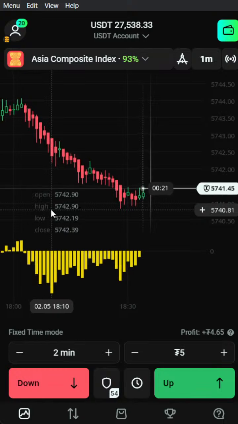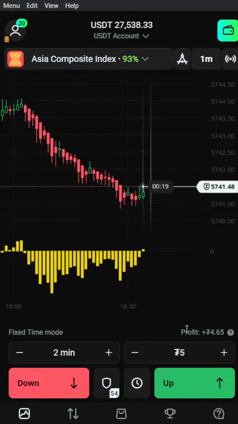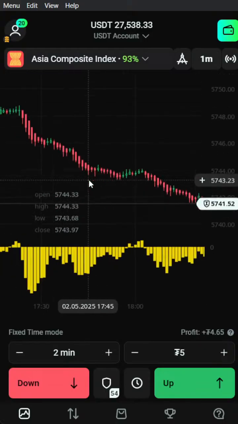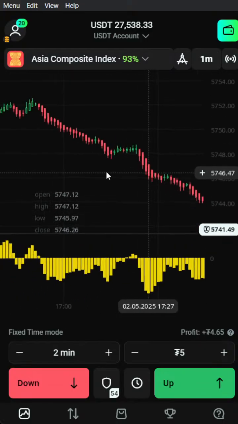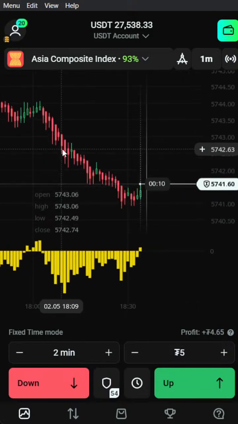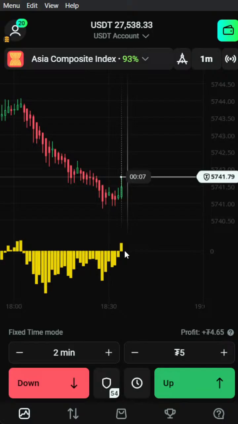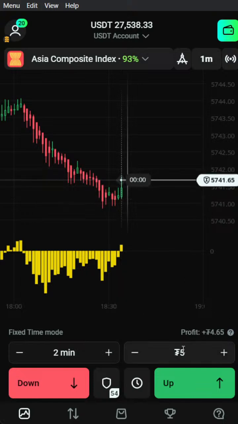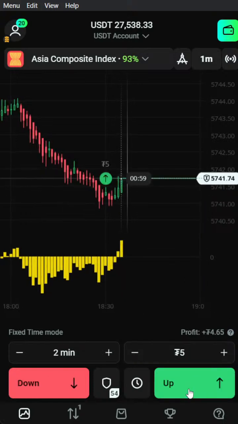Okay, let's go back to our strategy. So whenever you see this is a trend, a downtrend, uptrend, we see that. Whenever you see that the DPO appears above the zero line and the color of the candle is green, you can make a 2 to 3 minutes up trade.